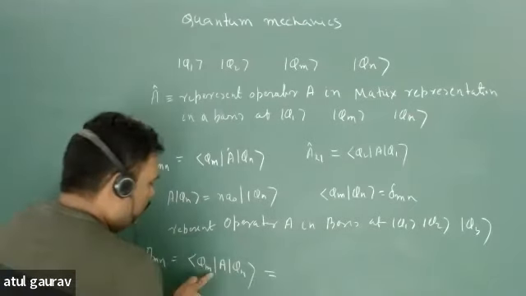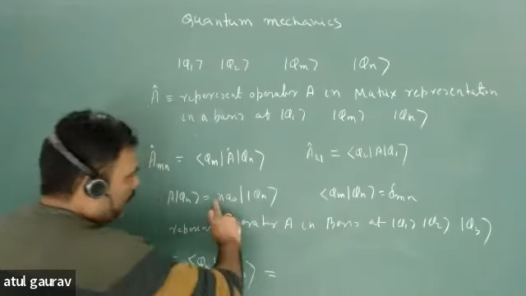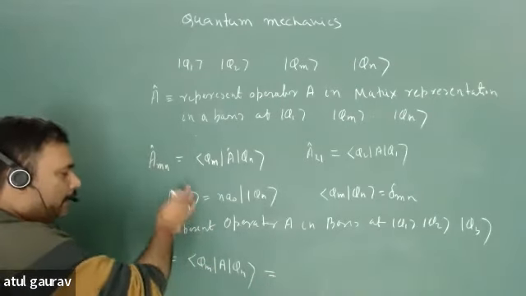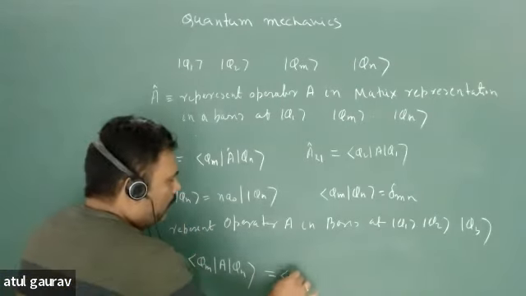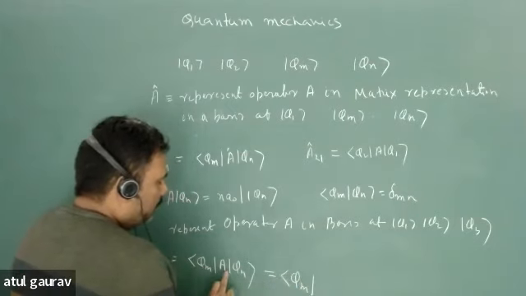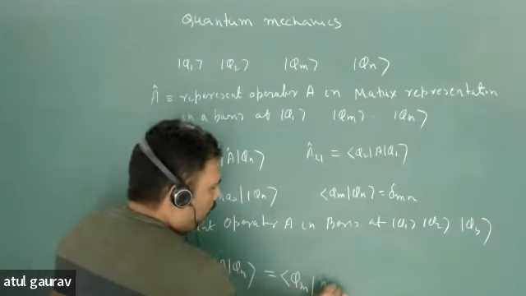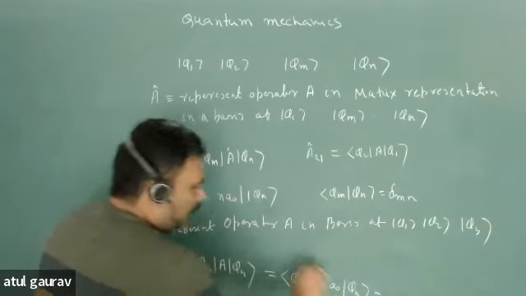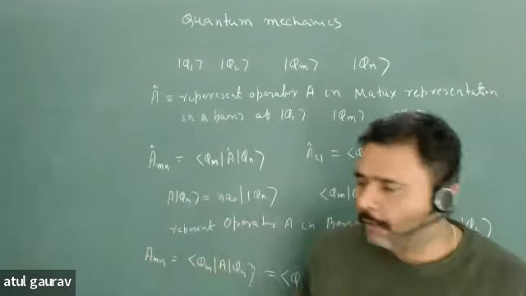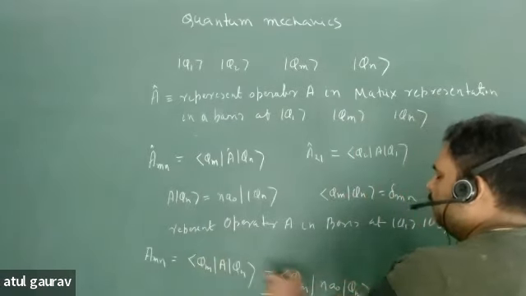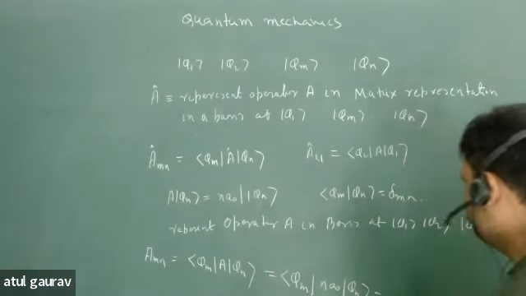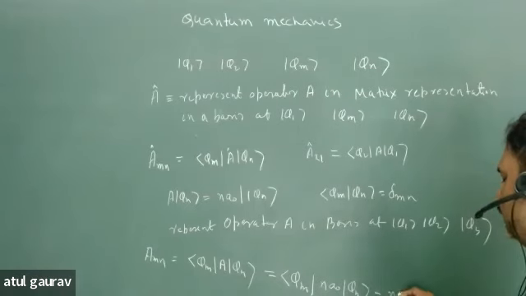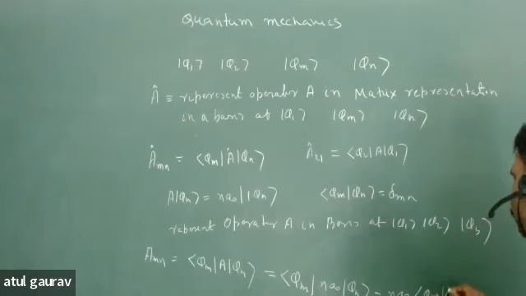So the bra will remain the same, because we have a relationship with the ket for this operator. So I will keep my bra the same. A will operate on n, giving n a naught phi_n. I can take n a naught outside because this is a scalar number. So you can write it either left or right: n a naught phi_m phi_n.